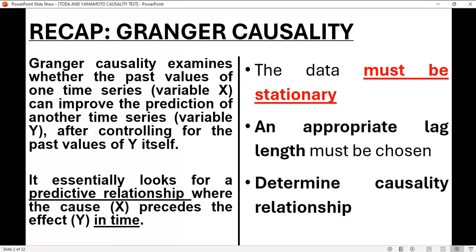Very good criteria for considering Granger causality are, one, that the data must be stationary, either by differencing or by detrending, and two, one must choose an appropriate lag length before you can determine the causality relationship.